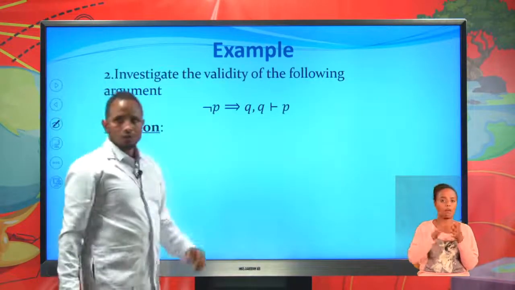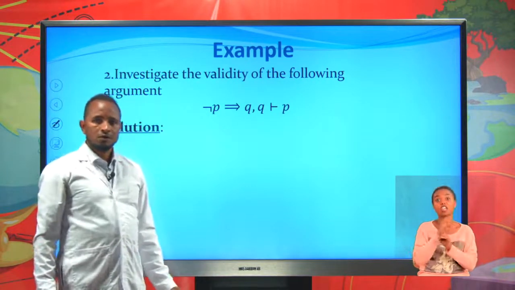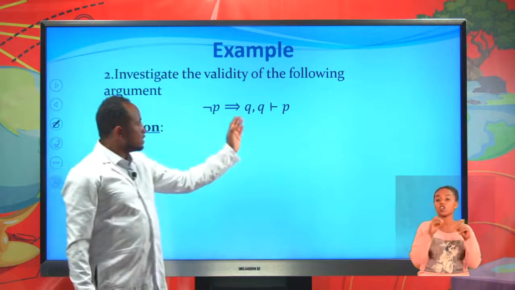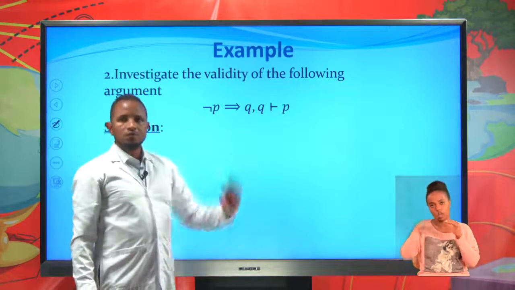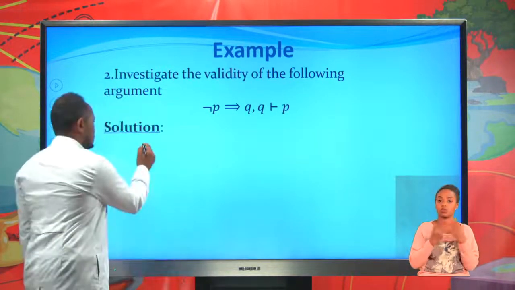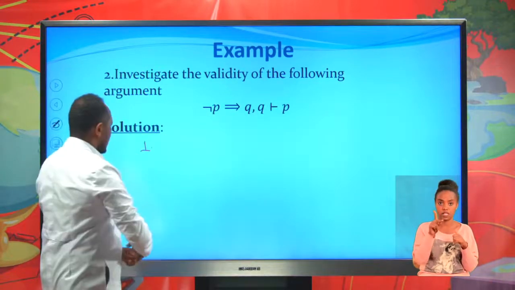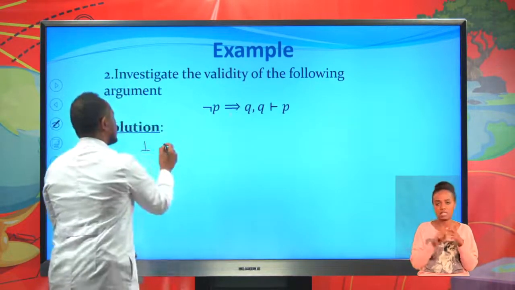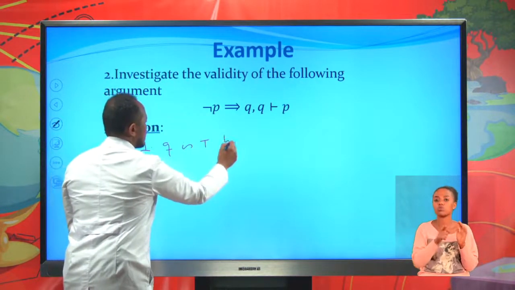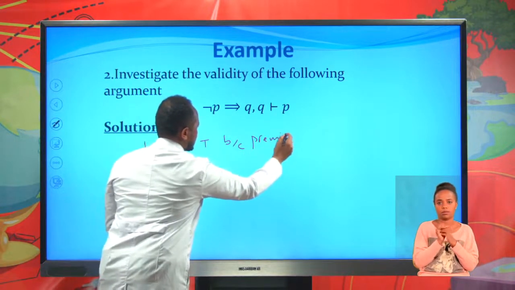Let's see this one. Investigate the validity of this argument. Here it says negation of P implies Q, and Q, giving the conclusion P. First you assume the premises to be true. Let's start from this single statement Q. Q is true because it is a premise.